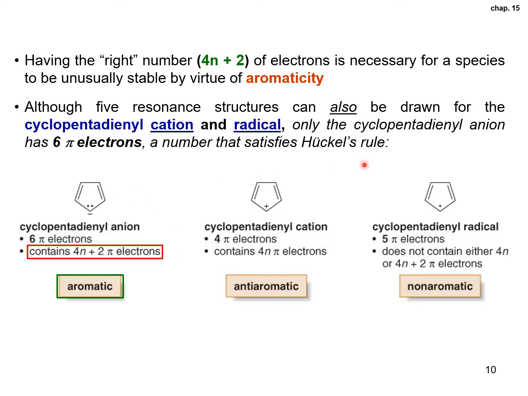So all of these systems are planar, cyclic, and conjugated, but only the anion has the right number of electrons, making this the only species of the 3 to be aromatic.